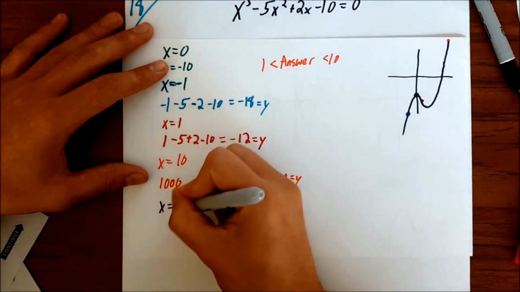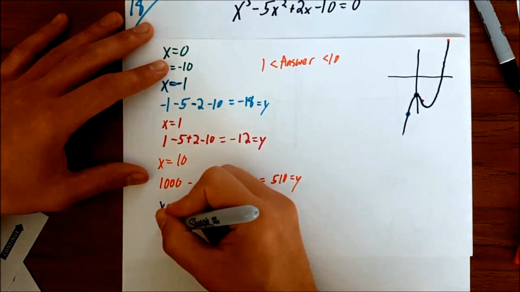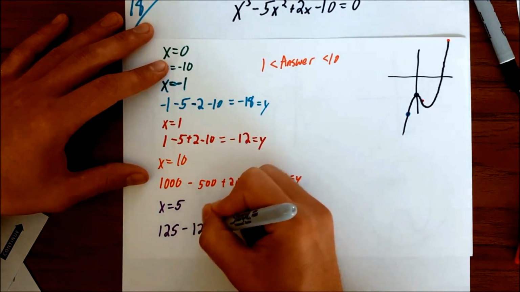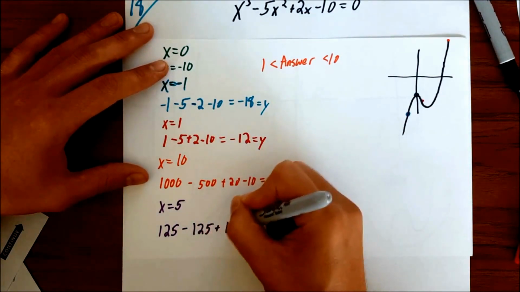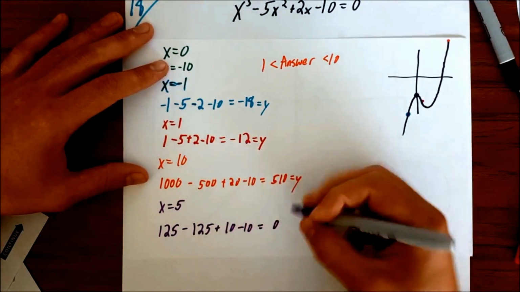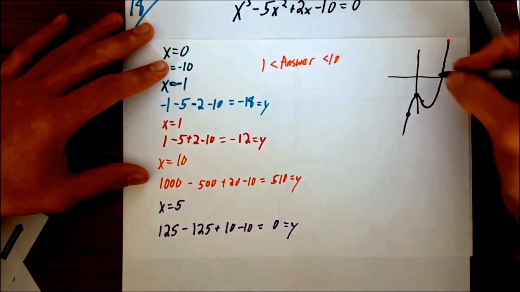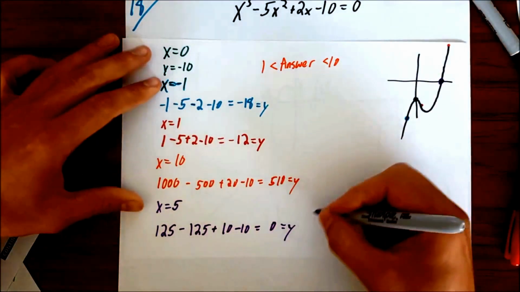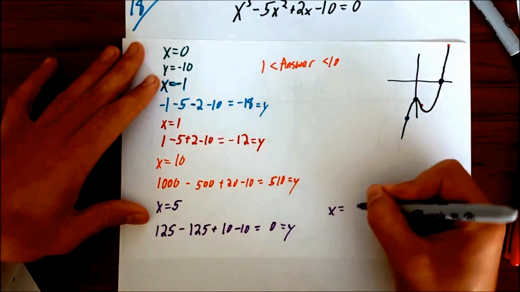Let's go x equals 5. Now you're going to get 5 cubed is 125, minus 5 times 25 is 125, plus 2 times 5 is 10, minus 10. That's it. Good, that's 0. That's y. Okay, so there you are. Your answer then would be x equals 5.